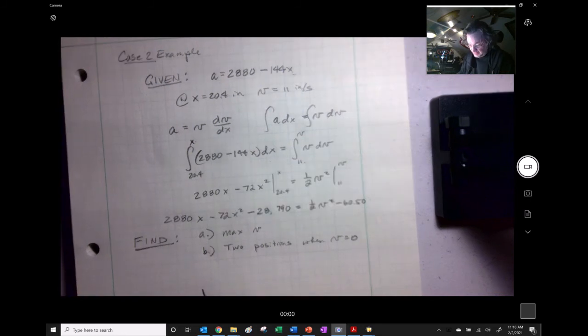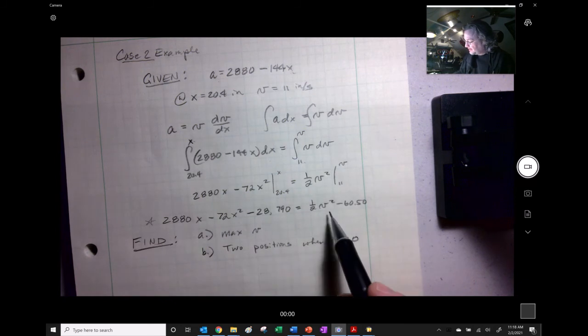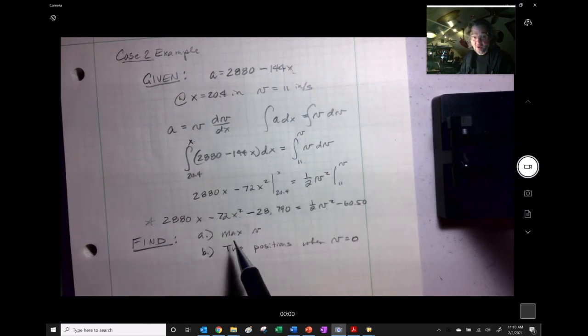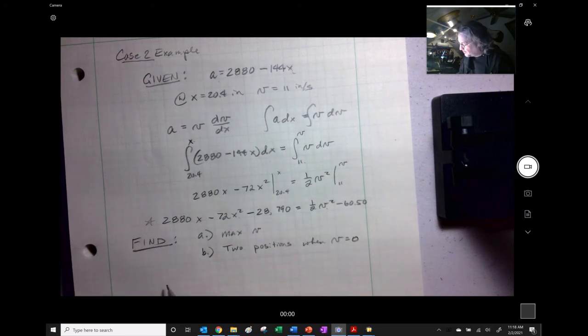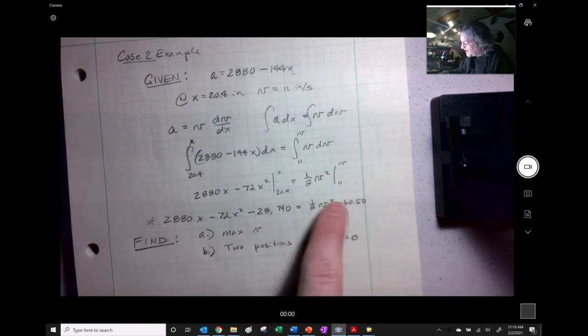Okay, and so I can do that right here by setting the velocity equal to 0 and then using the quadratic equation to be able to find what x is going to be. So if I do that, 28,790, and we're going to bring that over there, so that's going to be added over to there.